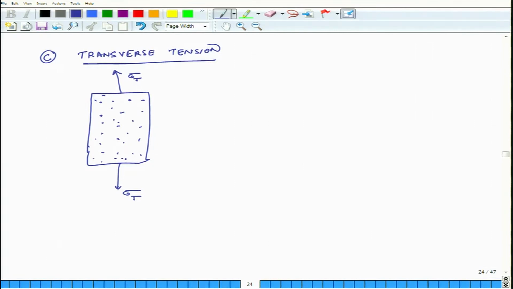Now, when this is the case, we have discussed this kind of situation earlier also, and here the most important thing which decides when this is going to fail is the matrix material. Okay, matrix material, that is the most important parameter.